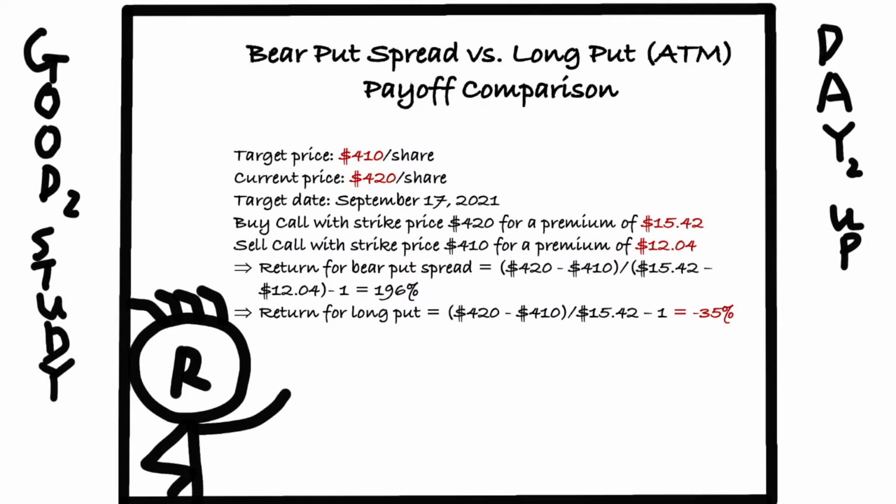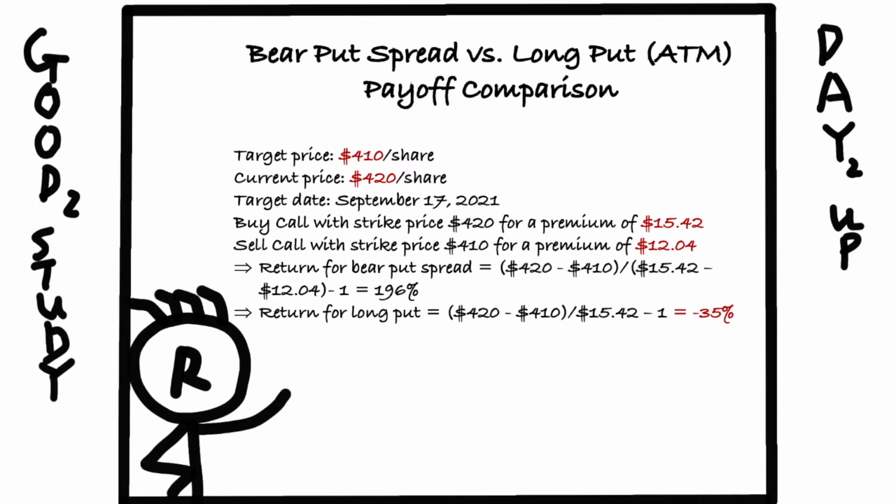On the maturity date, if my forecast is correct, my bear put spread yields a 196% return, where my long put only yields a negative 35%. This is because of the same reason. The cost for bear put spreads is lower than long put.